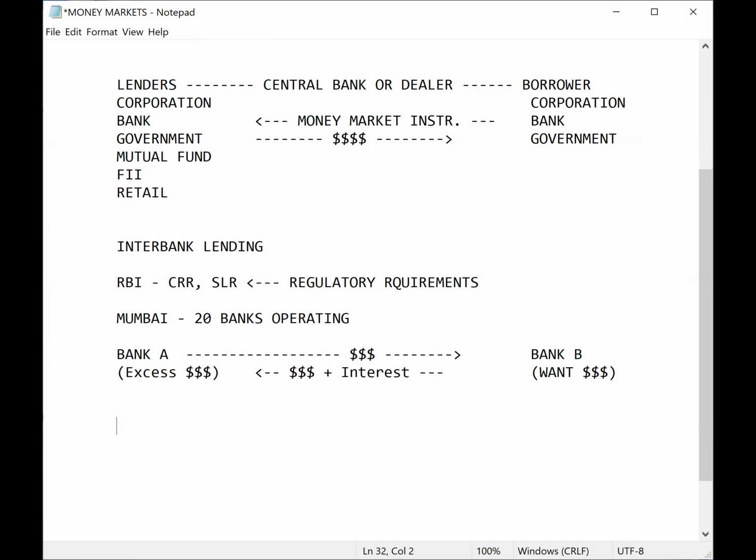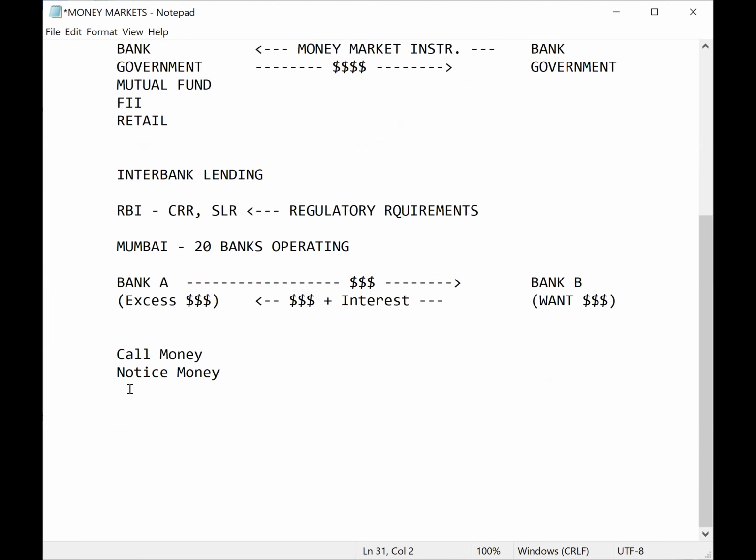Now, within this, guys, there are various types in interbank lending. There is call money, there is notice money, there is weekend money, there is term money, there is intraday money.